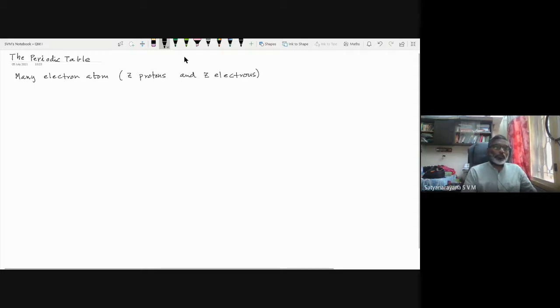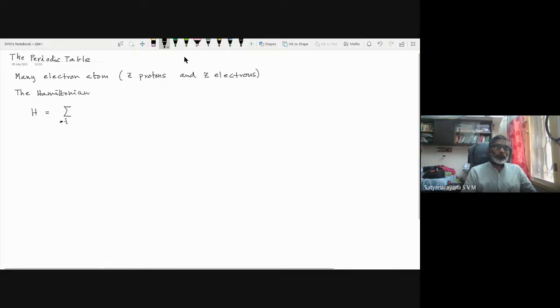So now if I want to write down a Hamiltonian for such a many electron atom, I will have to write the following Hamiltonian. H is equal to the sum over, let us assume that the nucleus is at rest.